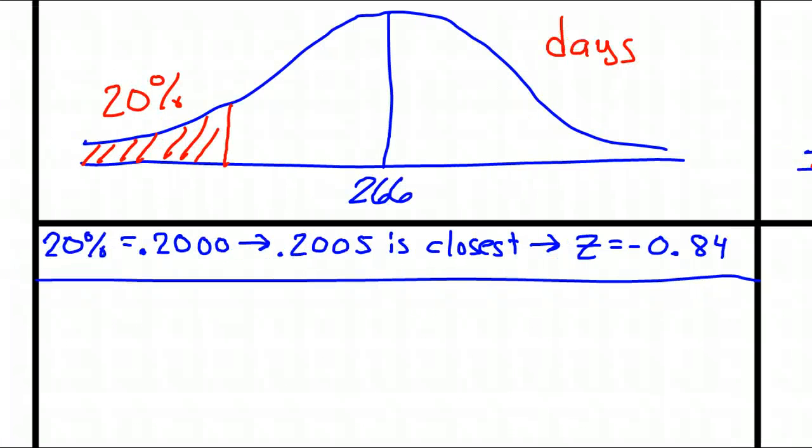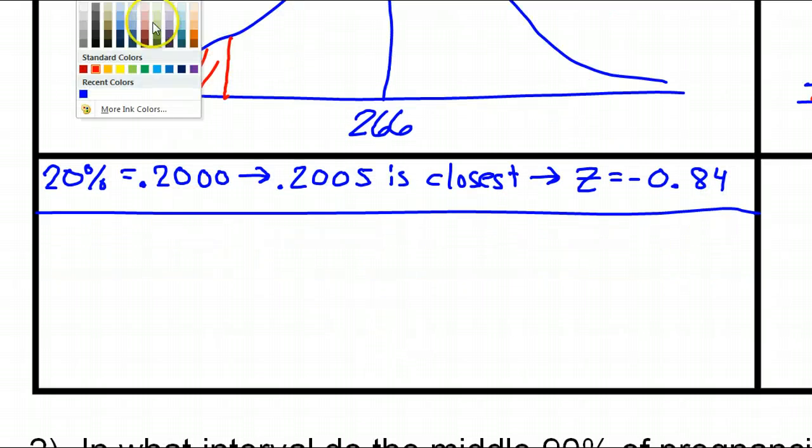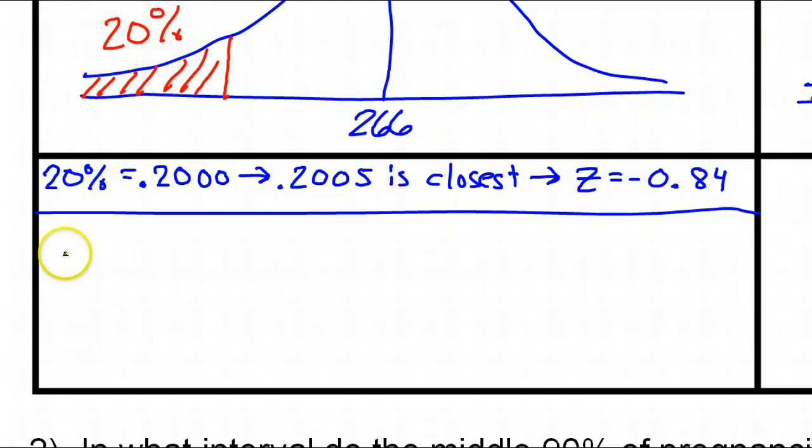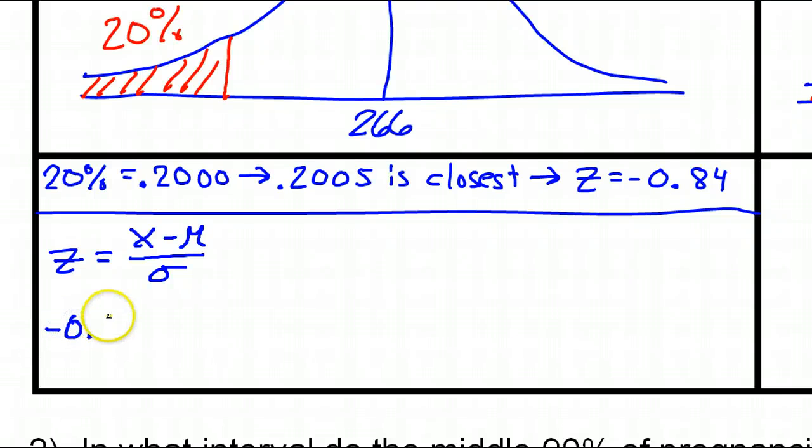So now we need to find the actual value. So here's what we do. Let's use the formula, our z-score formula. We know that we find the z-score by doing the value minus the mean divided by the standard deviation. So now we have a z-score, and so I'm going to substitute that in. So this will become negative 0.84 is equal to the x value, which will be right here, minus the mean.